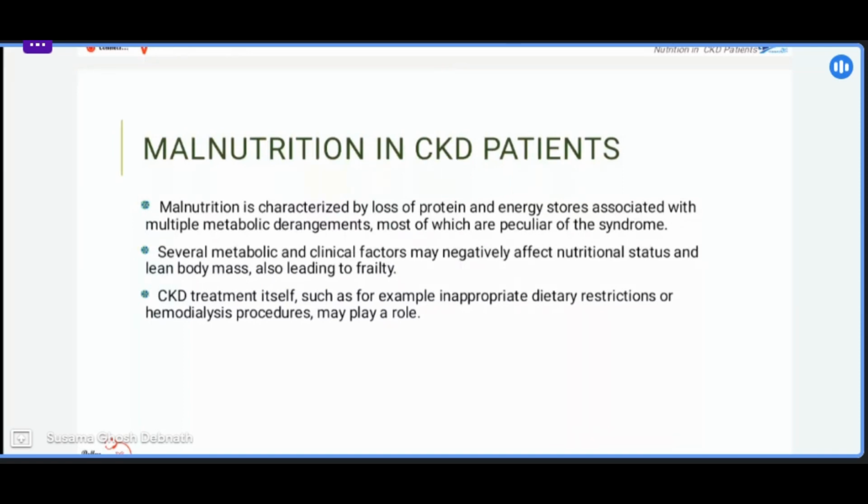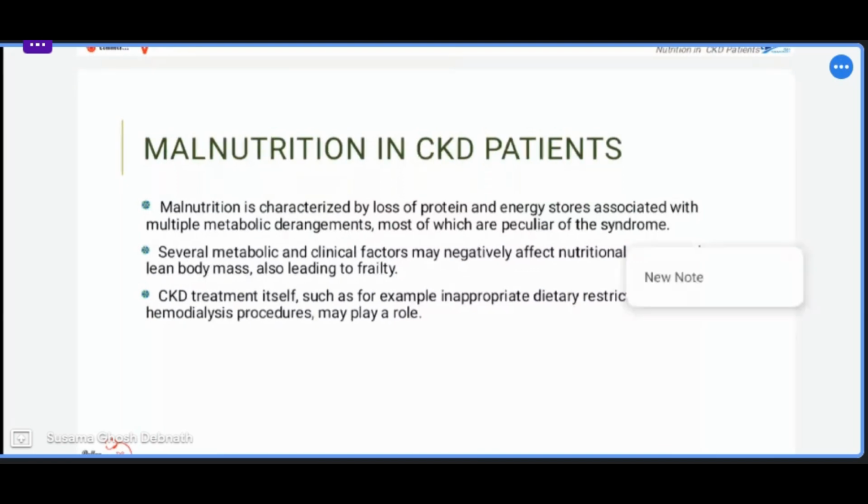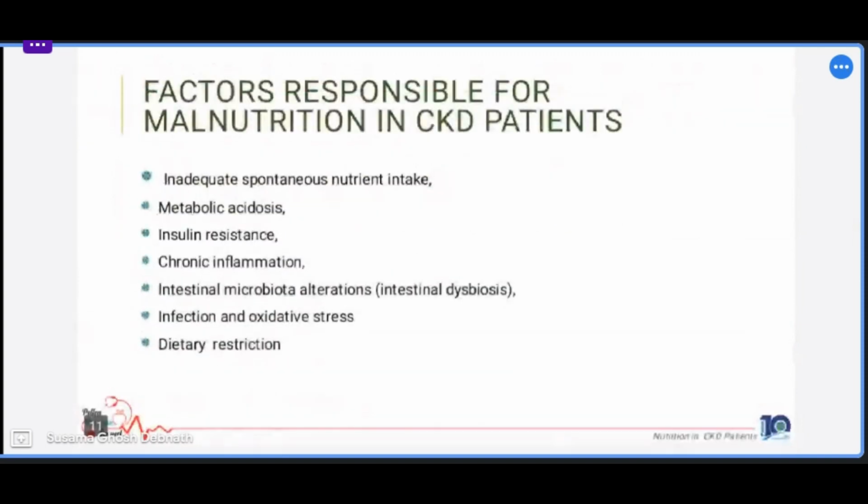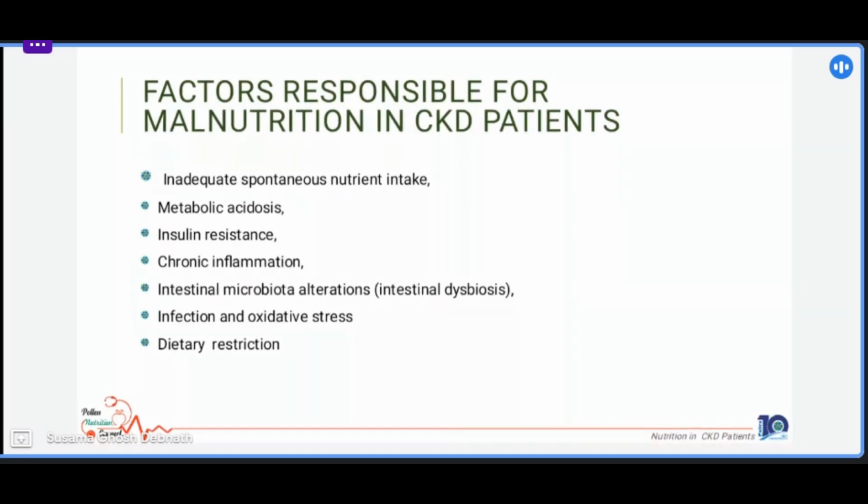If urea is more in the blood, if the patient has a nausea tendency, the patient cannot take the food as much as they should. And hemodialysis is a very stressful condition.